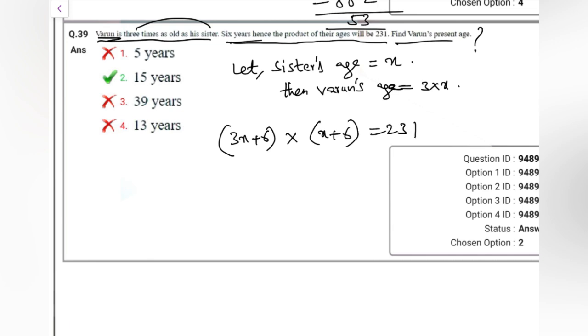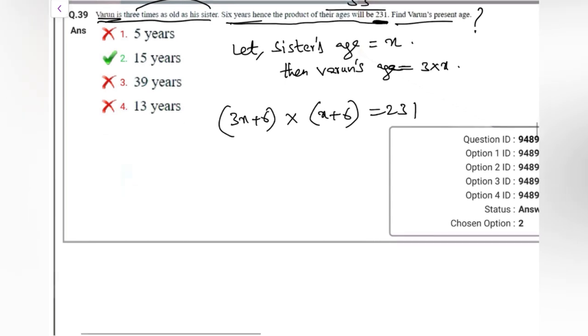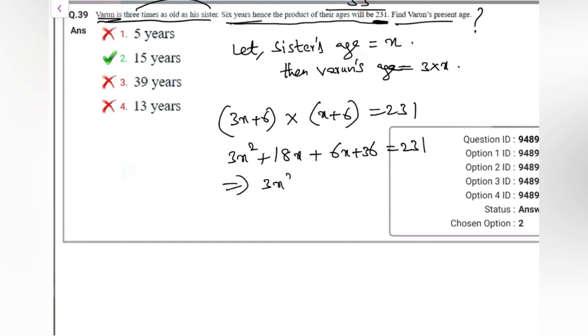Because they have given 6 years hence the product of their ages will be 231. Now, 3x square plus 18x plus 6x plus 36 is equal to 231, which implies 3x square plus 24x plus 36 is equal to 231.